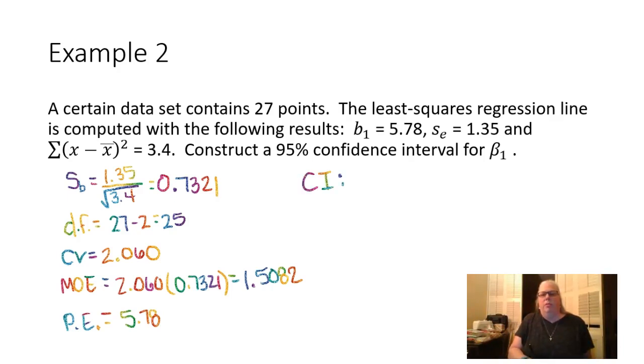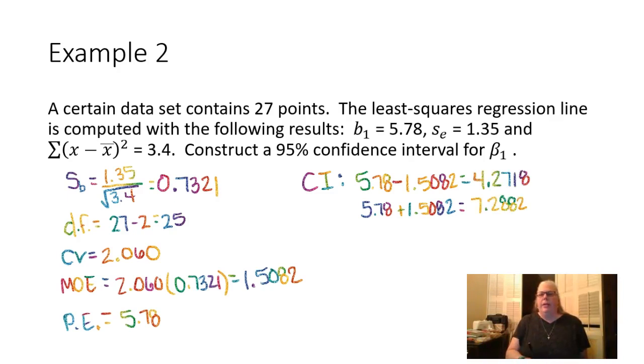The confidence interval is going to be our point estimate minus the margin of error and our point estimate plus the margin of error. All right, let's put those in the calculator and see what we get.